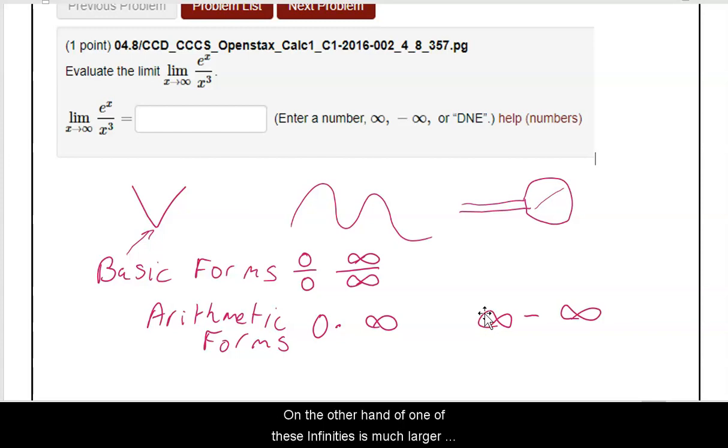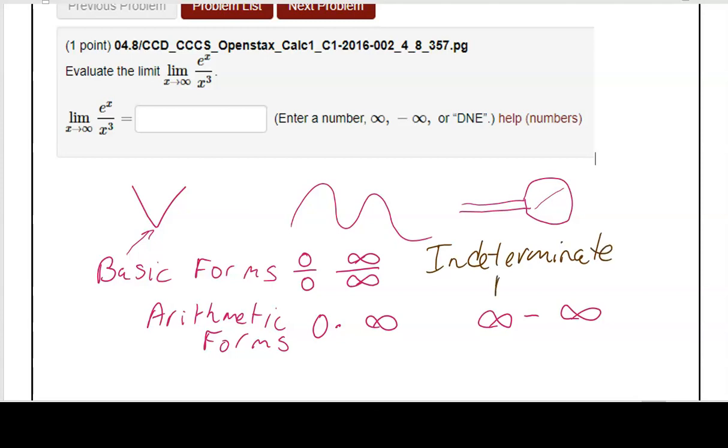On the other hand, if one of these infinities is much larger than the other, on an order of magnitude, then it will pull it to that side, and one side or the other will win. So that's what we mean by indeterminate, all right? So indeterminate means cannot be determined, meaning sometimes it's one thing, sometimes it's something else. These are the first indeterminate forms. These are the only ones that you're going to see in L'Hopital's rule part 1 for the homework.